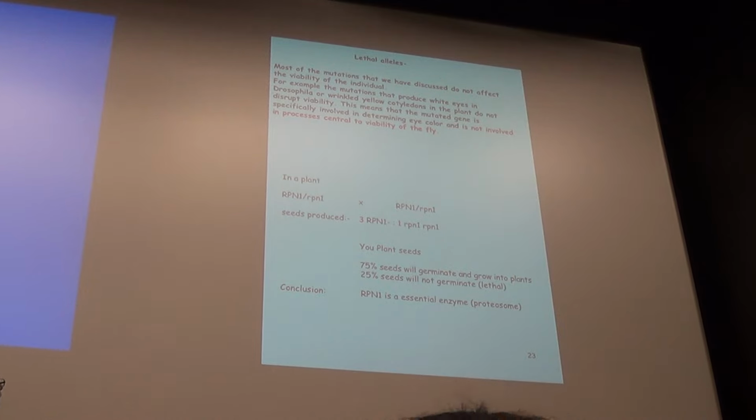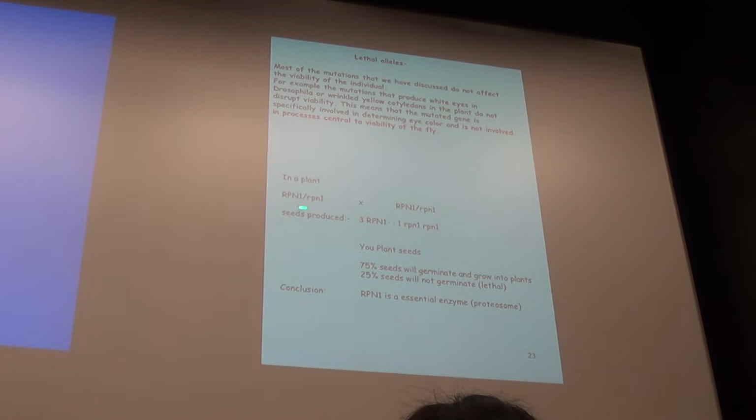Right? So an example of this is a gene called RPN1. This is a protein that's involved in regulated degradation of proteins in cells, called the proteasome.